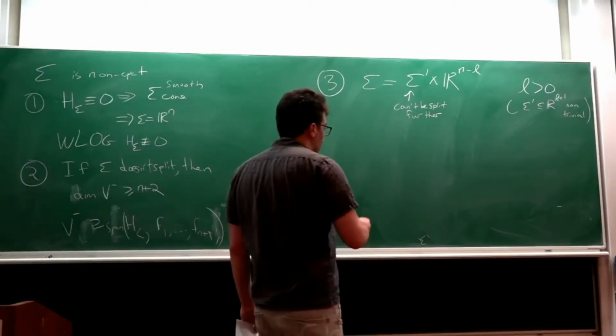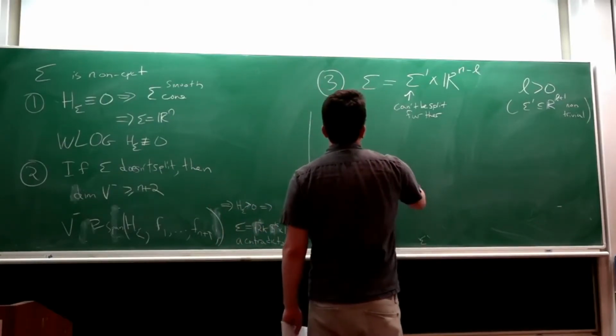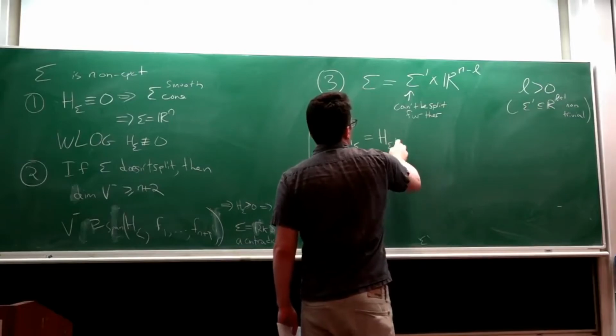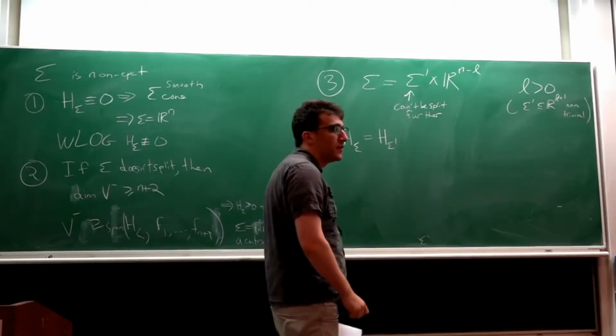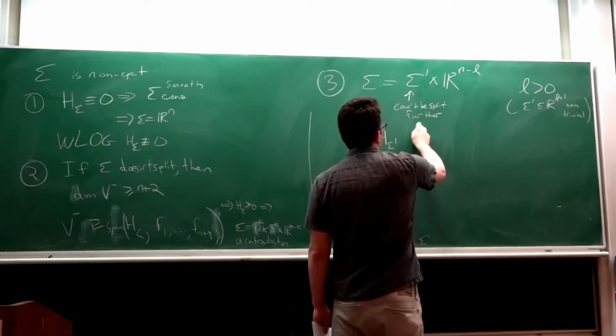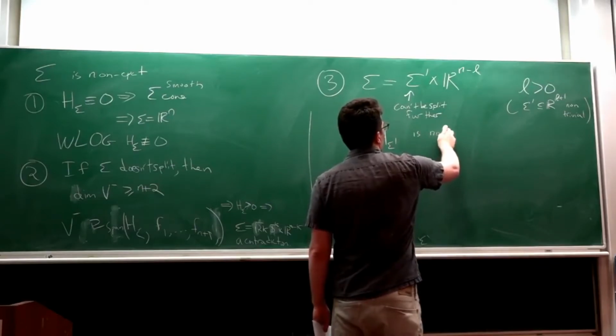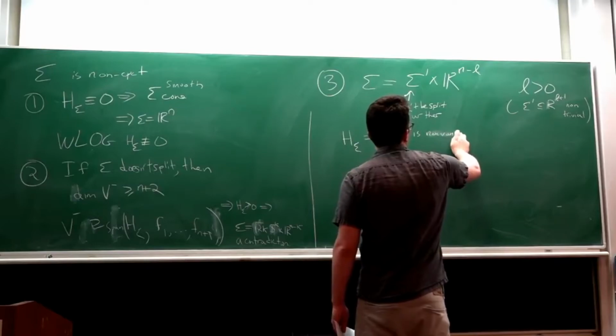Then the idea is, if we look at the mean curvature of sigma, which is really just the mean curvature of sigma prime, since there's no curvature coming from the translation invariant directions, it is non-vanishing, since we're not in case 1.